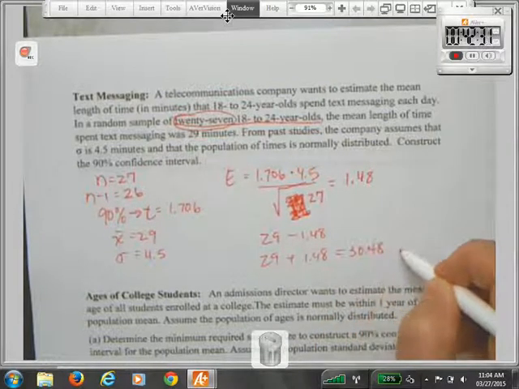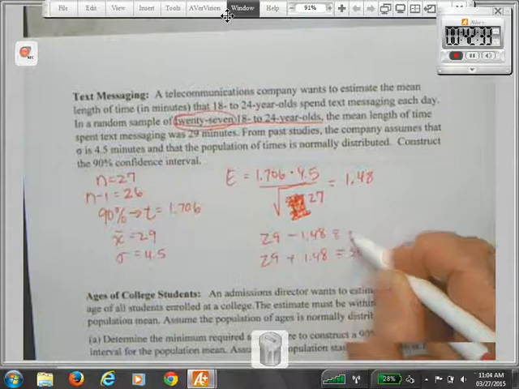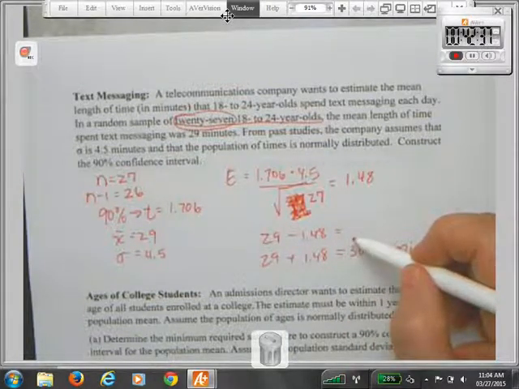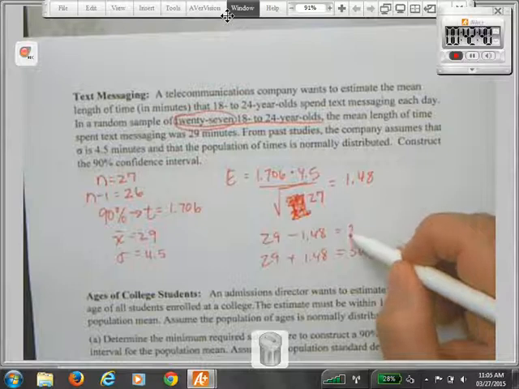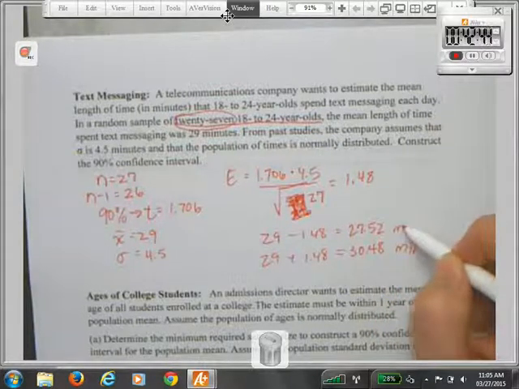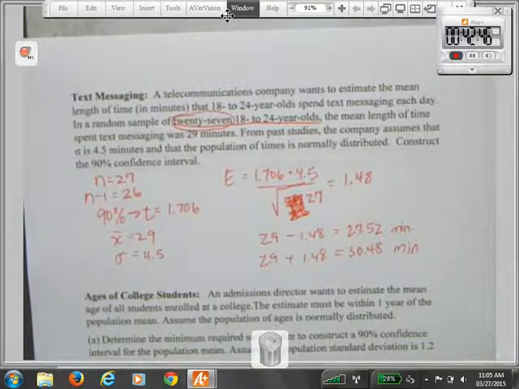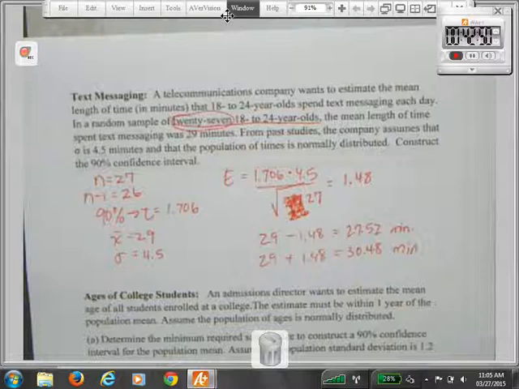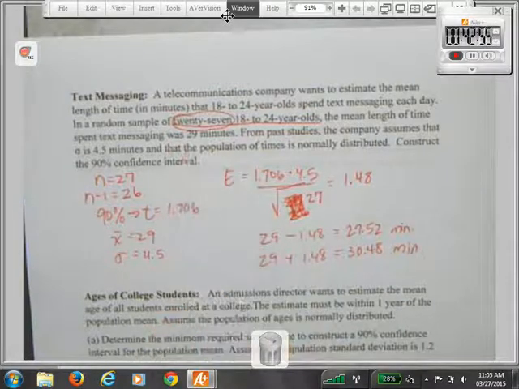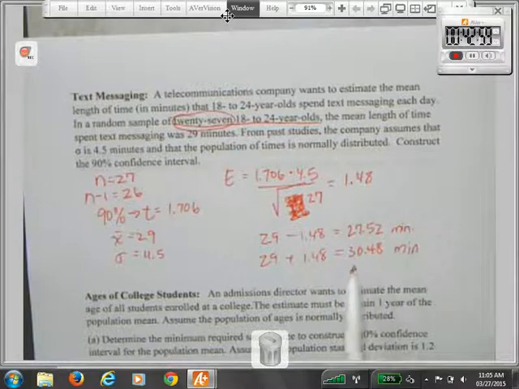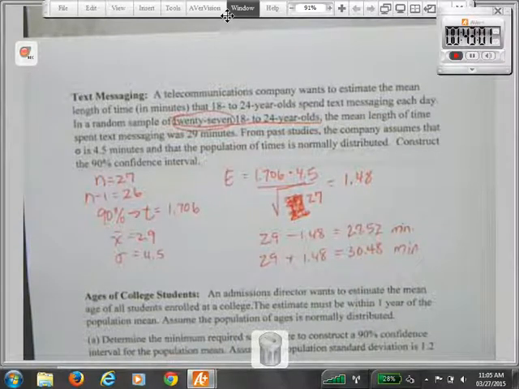These are minutes. Okay. So the confidence interval here, with 90% confidence, we are sure that 18 to 24-year-olds spend on average between 27.52 minutes and 30.48 minutes texting each day.